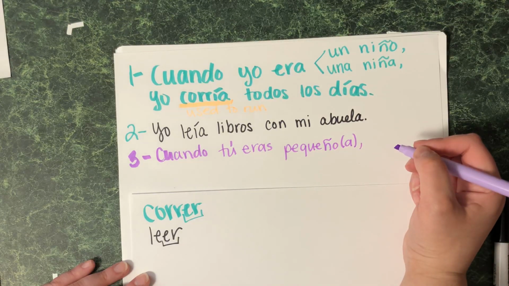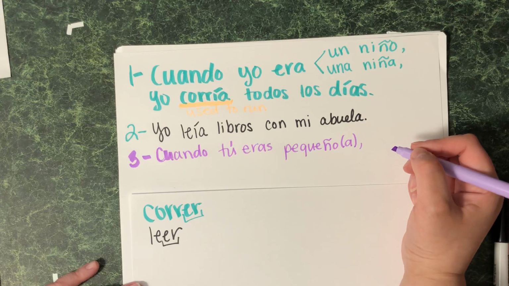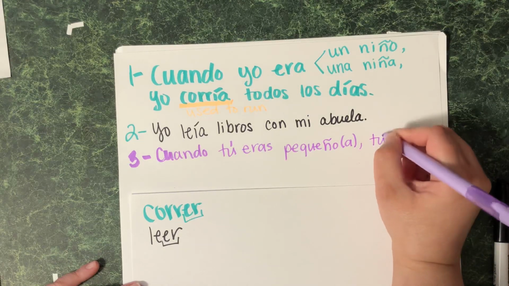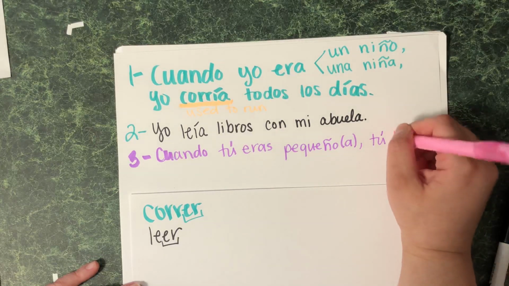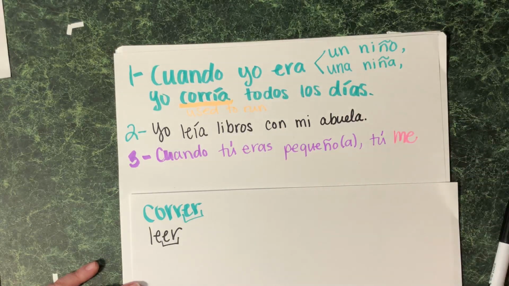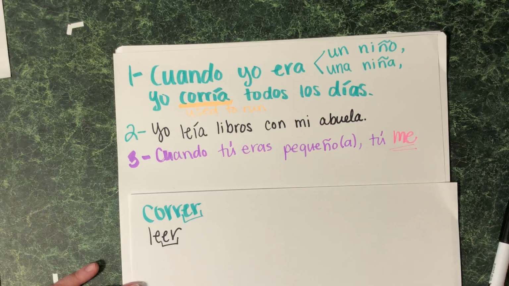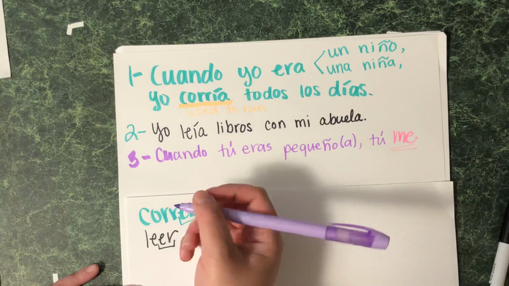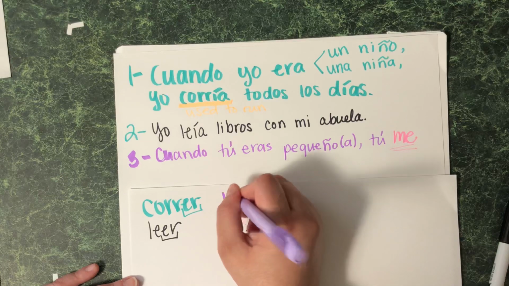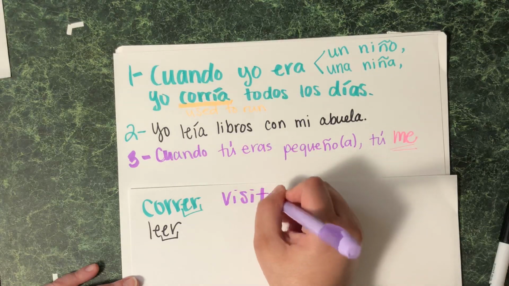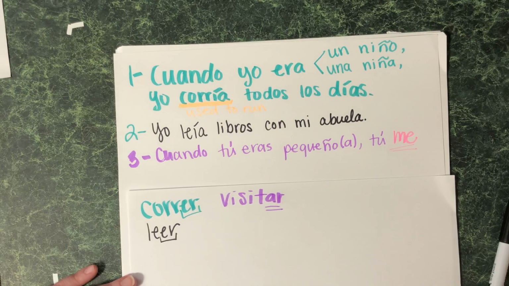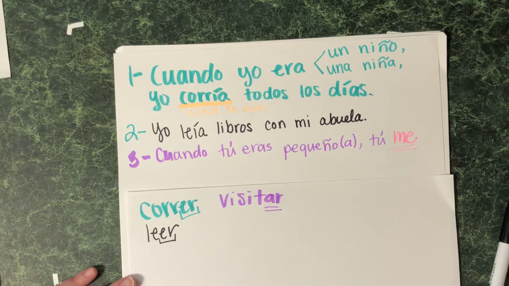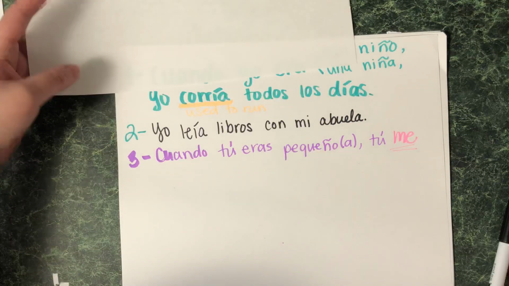Coma. You used to visit me all the time. Tú, with an accent. And then here's where the IOP kicks in. Tú me, that's your IOP. Tú me, and then visit. You have the verb visitar. Take the ending off. And what's going to be the new one according to your notes? Visitabas.